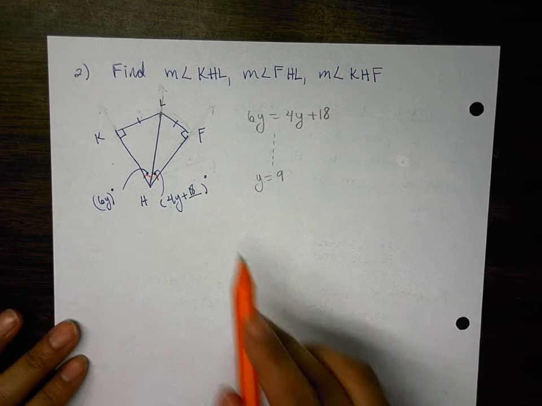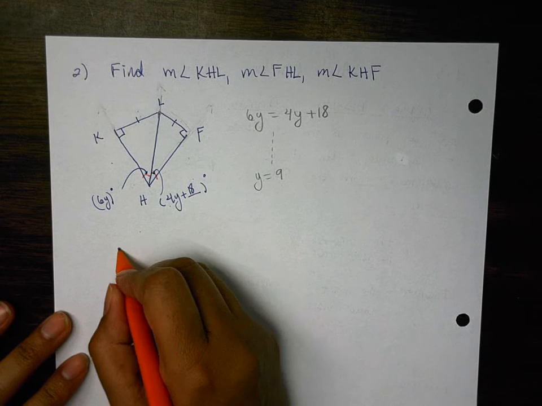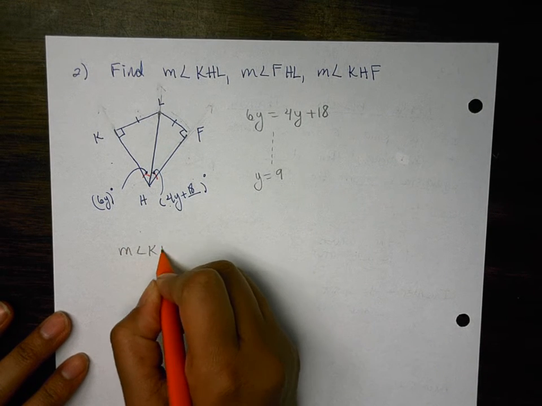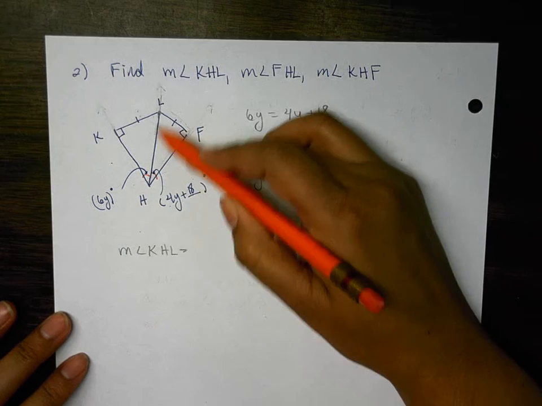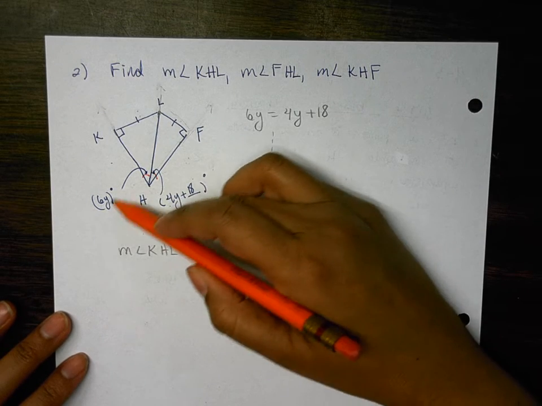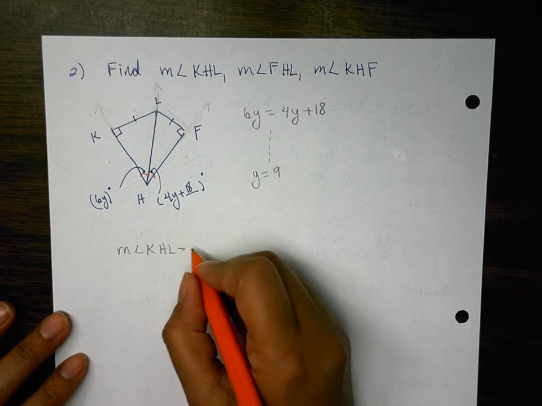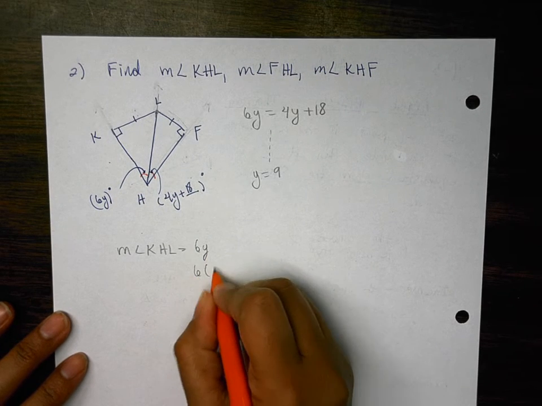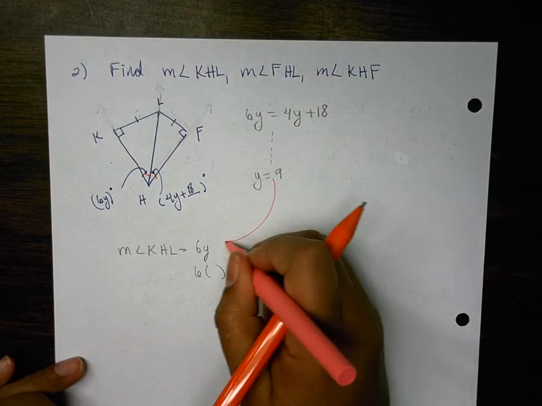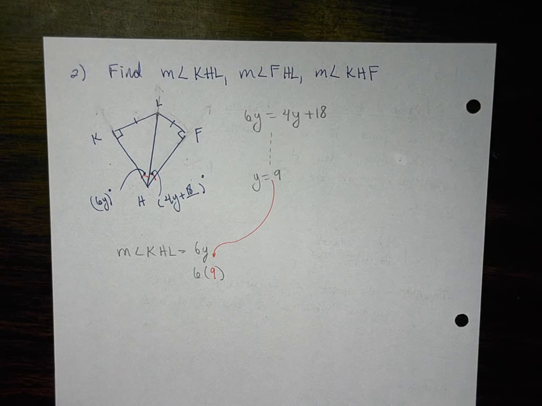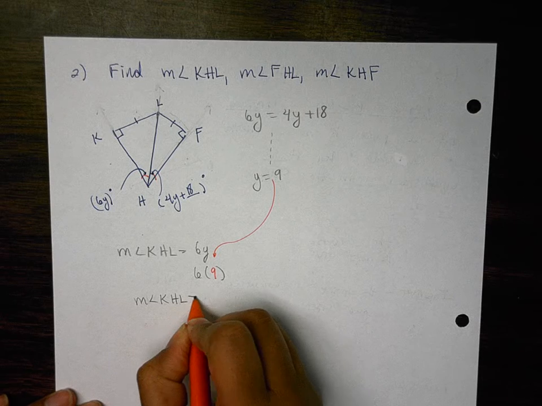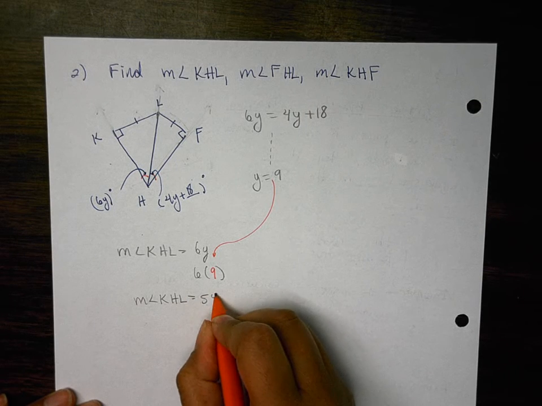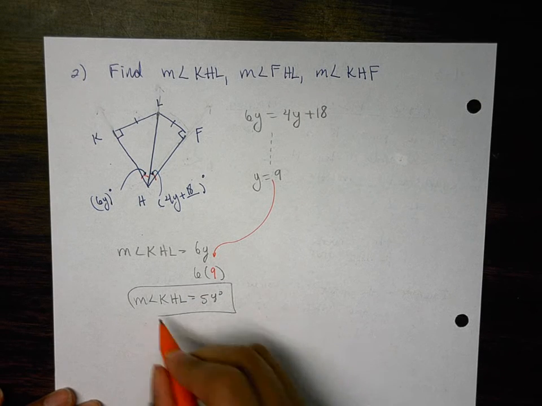And then they want us to find the measure of angle KHL. KHL is here. What expression do I have in angle KHL? 6y, and y equals what? 9. So plug in 9. What is the measure of angle KHL equal? 54 degrees. Okay. What's the other angle they want me to find? I found that one.